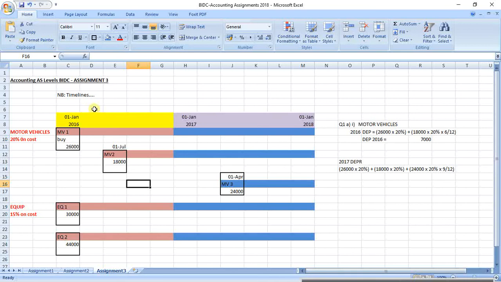Just highlight that part, just a little bit there. Right, and that's that part there. So now you've got all the motor vehicles. Motor vehicles complete.